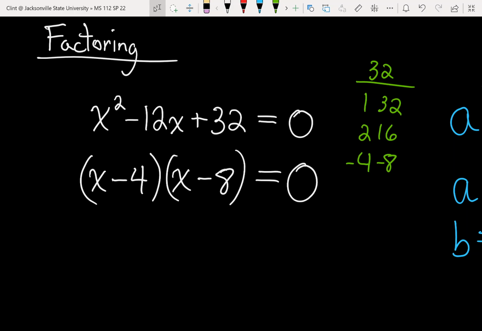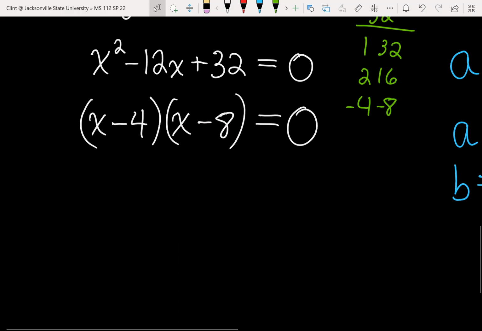All this is saying is we've got one number times another number, and our answer is 0. The only way that can happen is if this first number is 0, or this second number is 0, or both. So let's figure out when those happen. So we set each factor equal to 0 and solve for x.